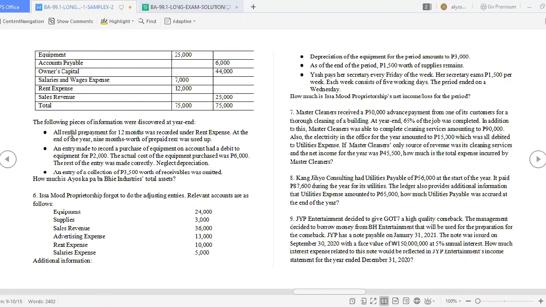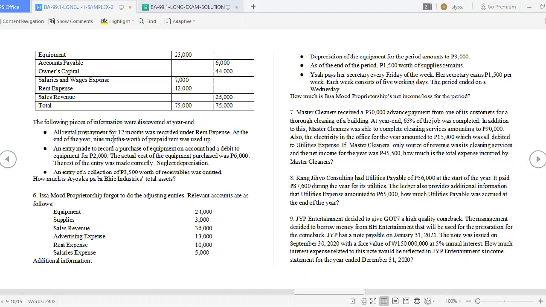And then let's read more about the added information. So first bullet, all rental payment for 12 months was recorded under rent expense. At the end of the year, 9 months worth of prepaid rent was used up. So with those rental payment of 12 months all recorded under rent expense, which should not be, since there is 12 minus 9, so 3 months prepaid rent.